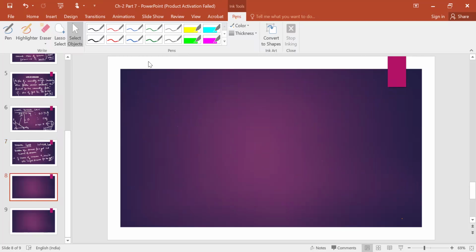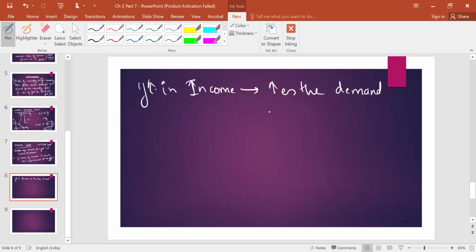It is true, yes. If an increase in income increases the demand of a good, that good is classified as a normal good.